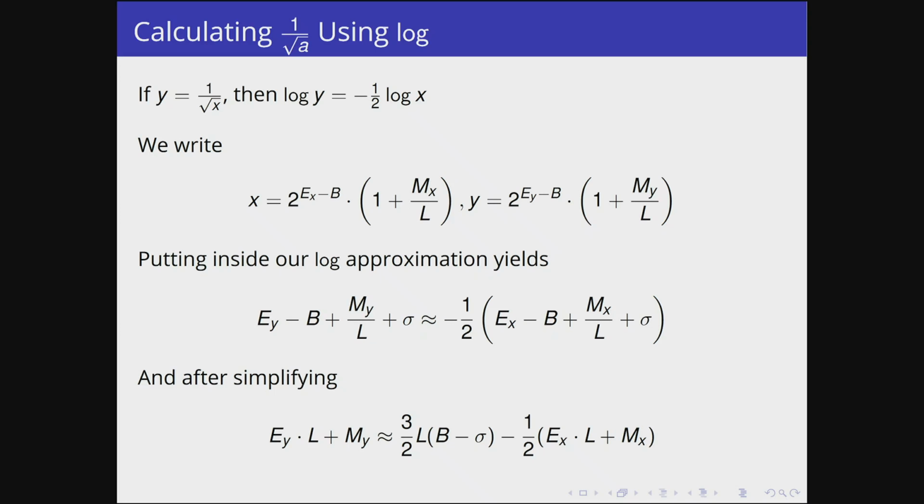And now we can simplify and move everything to one side, and we get on one side a linear equation with only the exponent of y and the mantissa of y, and on the other side some constants and the exponent of x and the mantissa of x, which is really nice.